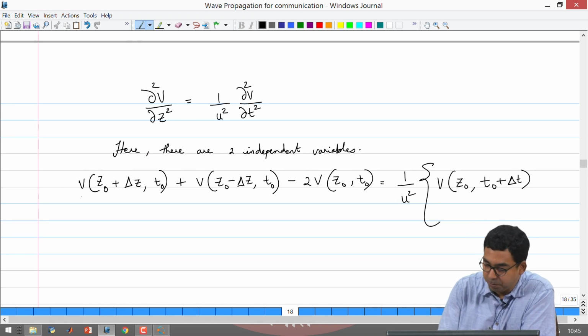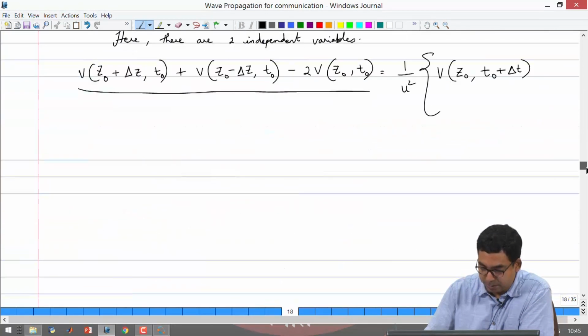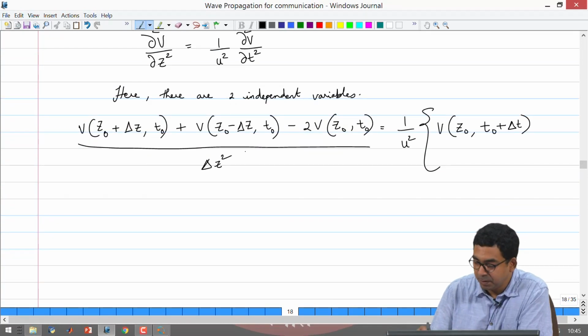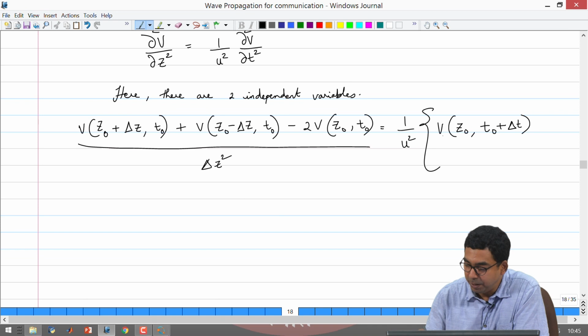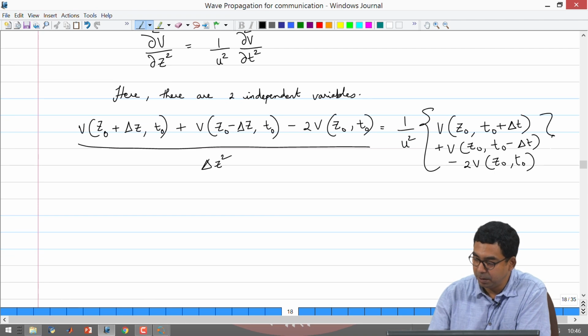I think I need to put the denominator on the left hand side, right, divided by, it should be delta z square. Okay. So, I will write V of z naught comma t naught plus delta t plus V of z naught comma t naught minus delta t minus 2 times V of z naught comma t naught, and there is a denominator present there.